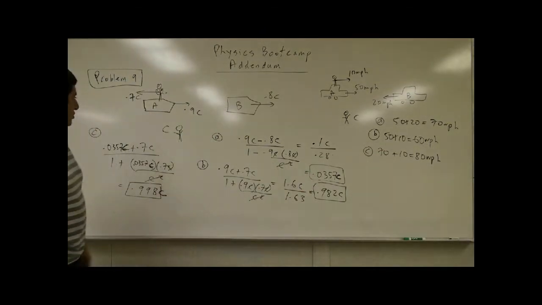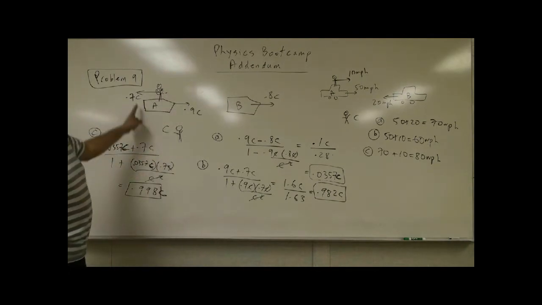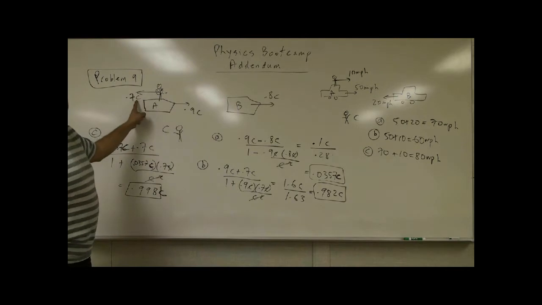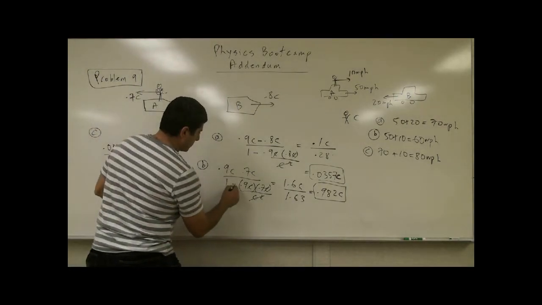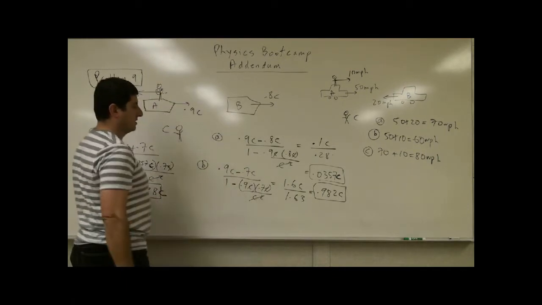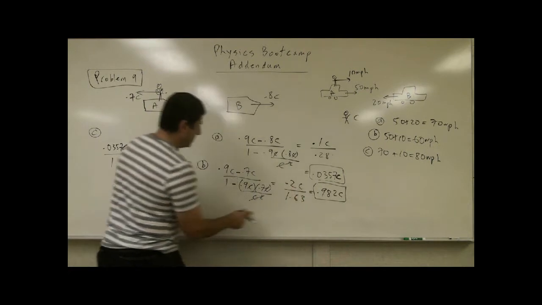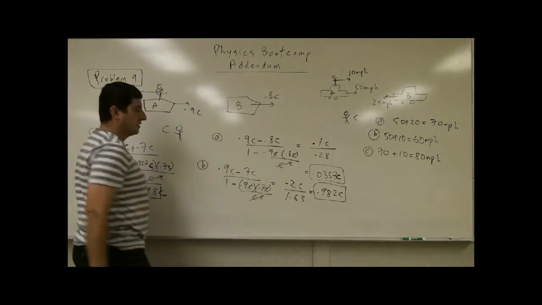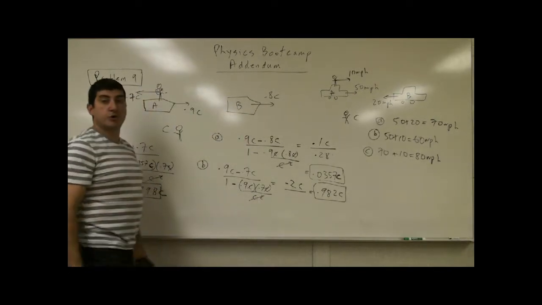How will this change? How fast will this person think this person is throwing it? So now you have 0.9c, 0.7c. Now you have to subtract, right? Like this. And of course here you're going to get 0.2c. And then here you're going to get 1 minus 0.63, which gives you what? 0.37.